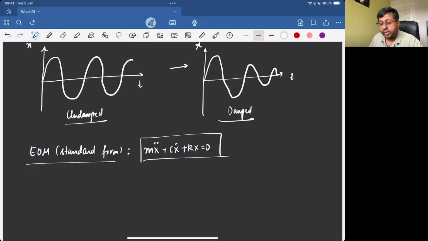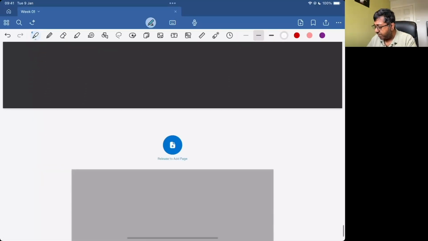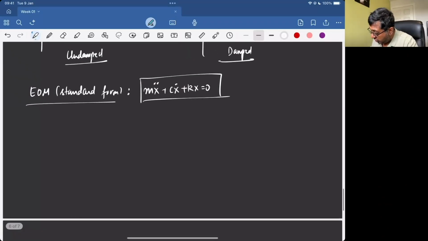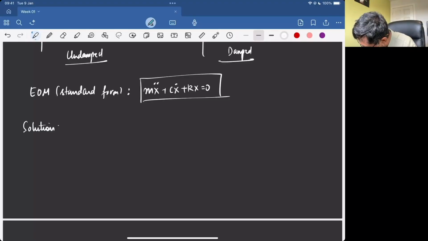So one thing that we want to always think about: if you remember, you said your solution would be something like x equal to e to the power of lambda t. That was what you said would be the solution.